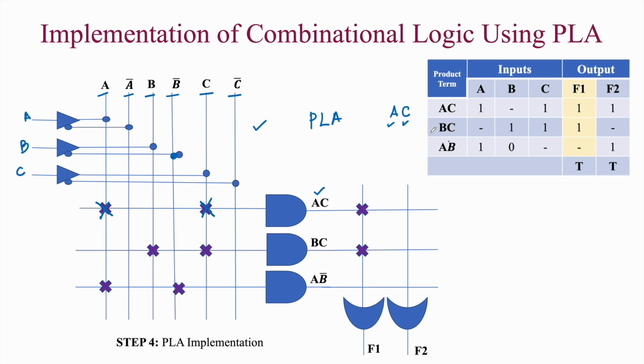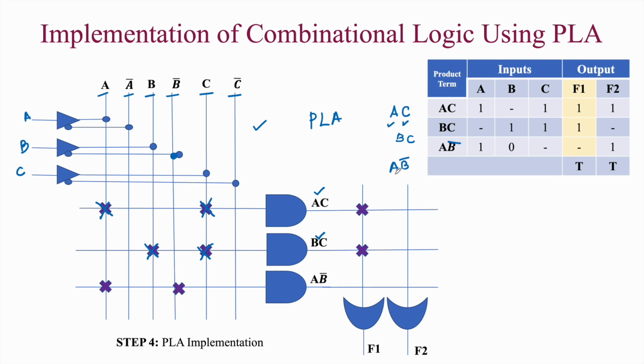What is the next product term? The next product term that we have is BC. So, let us create a connection at B and a connection at C. Therefore, this AND gate will give the product term BC. What is the third term? It is AB bar.